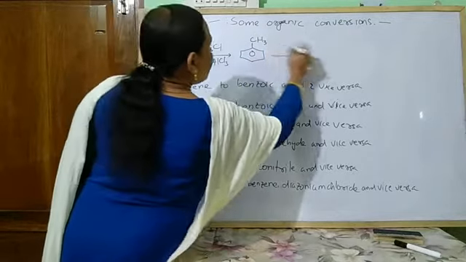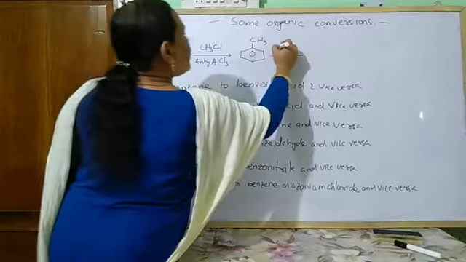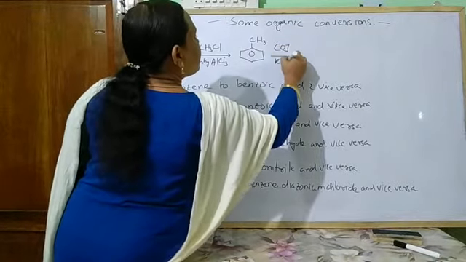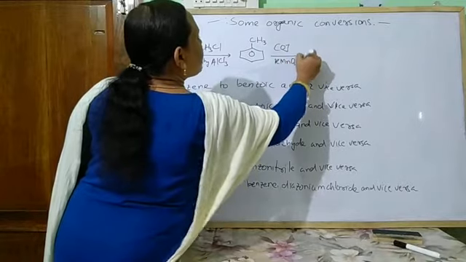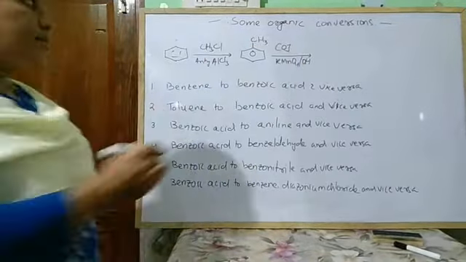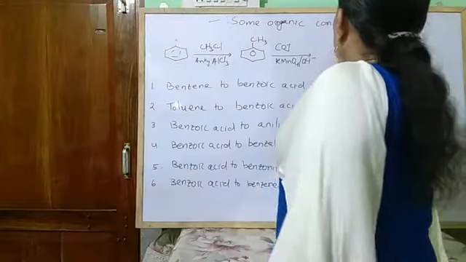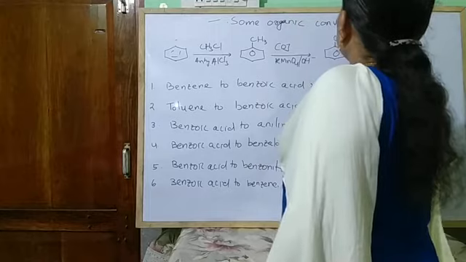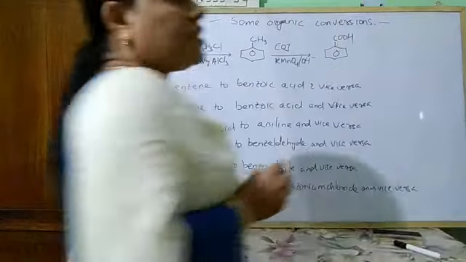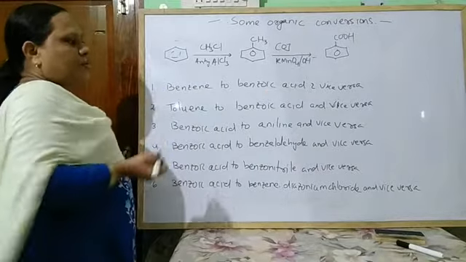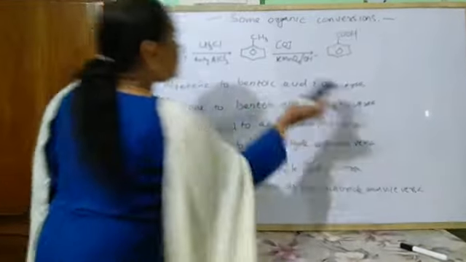And toluene, any alkyl group, when it undergoes oxidation in presence of potassium permanganate in alkali medium followed by acidification, it forms benzoic acid.